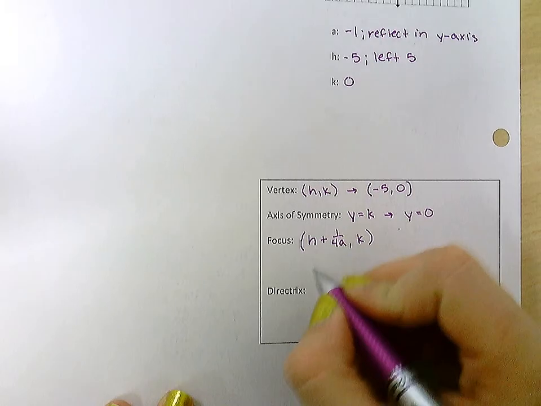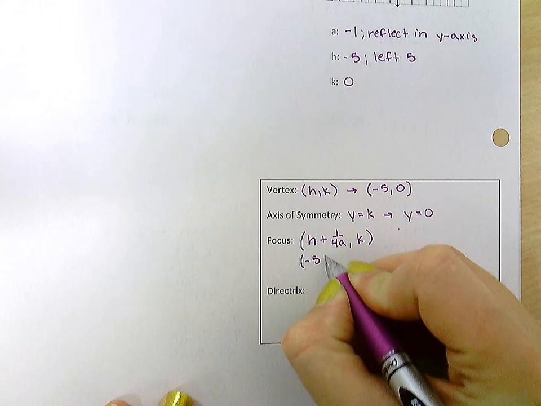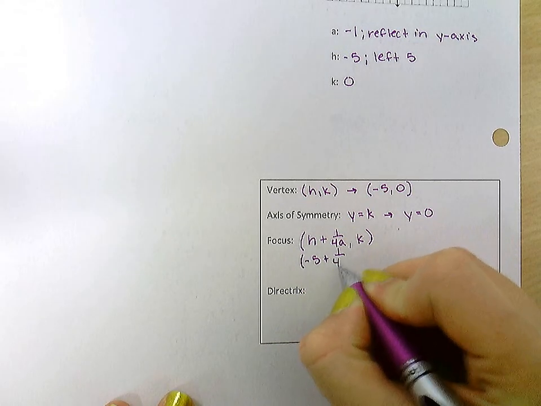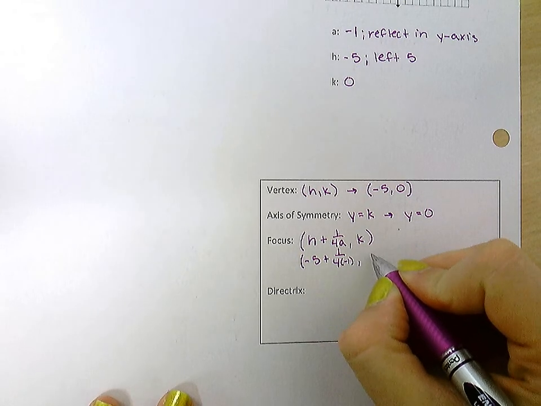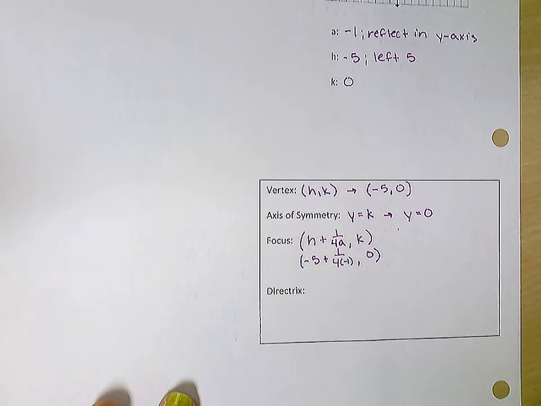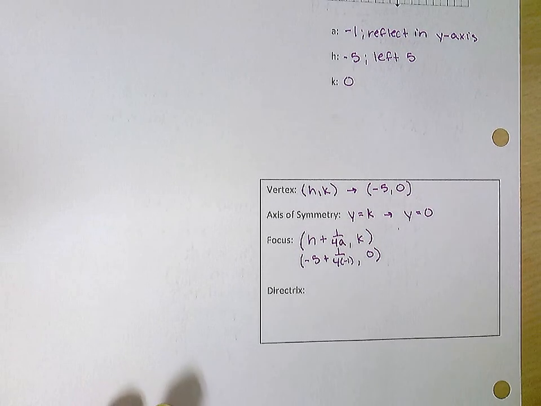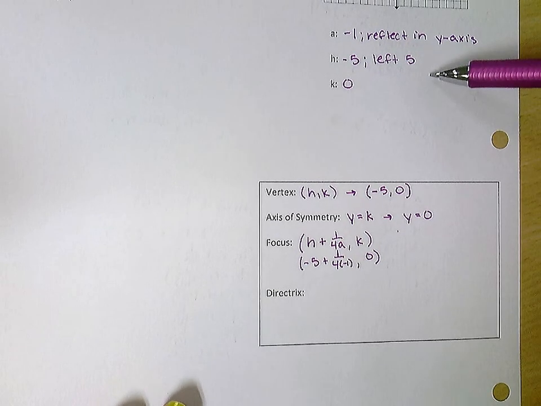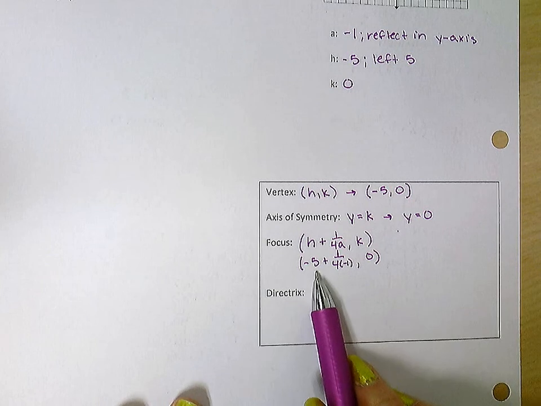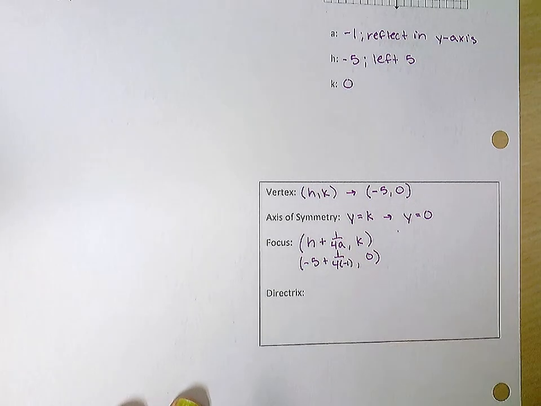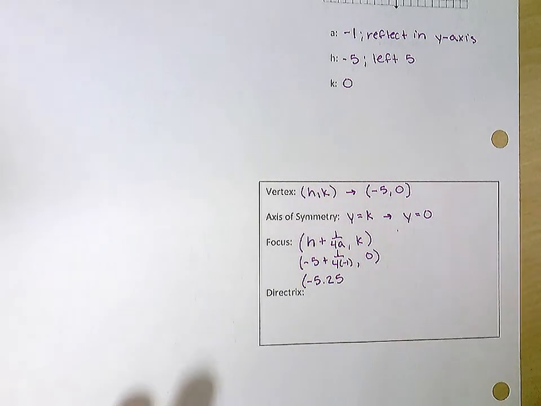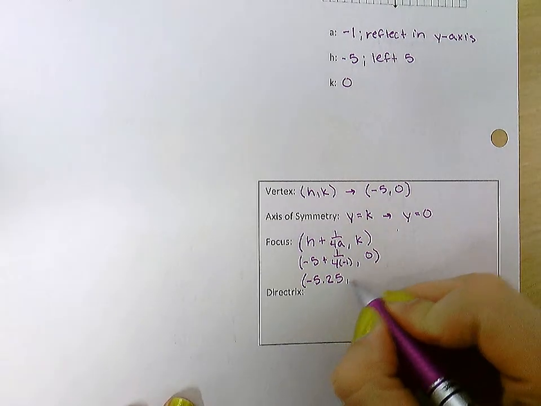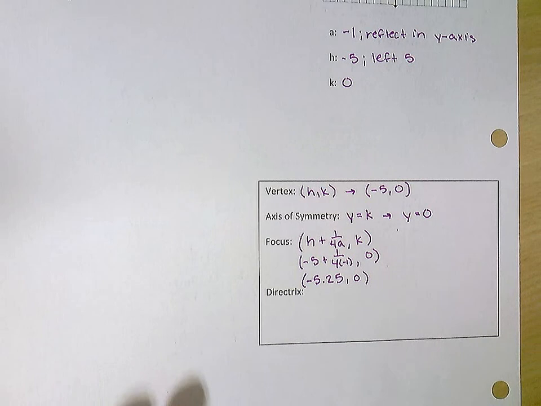Our h value is -5, our a value is -1, and our k is 0. So you're just plugging in those values I had you label up here. So I have -5 plus -1/4, which is -5.25, and we keep 0 the same.